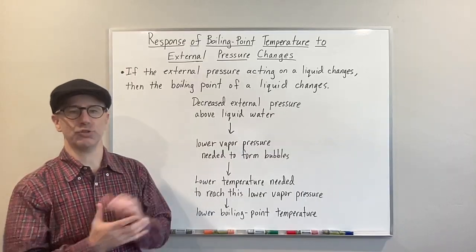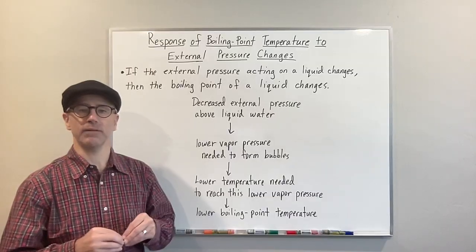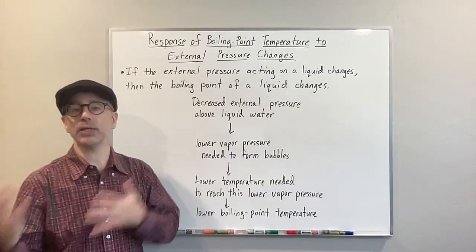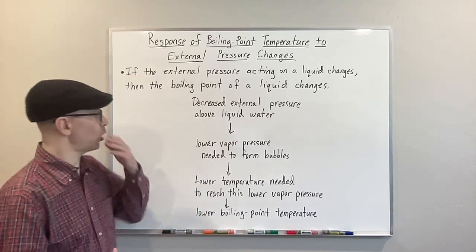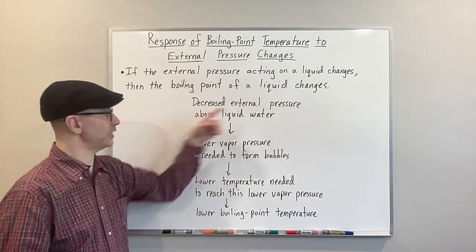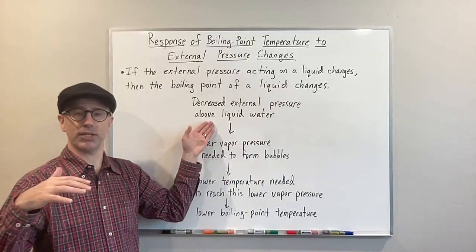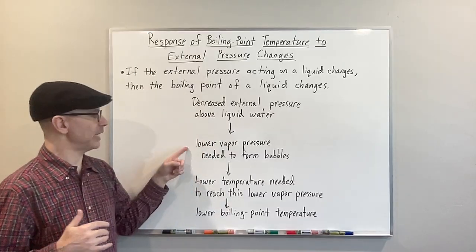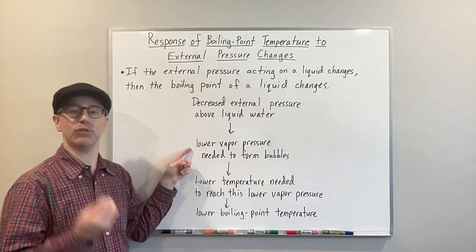Well, what happens if you change the external pressure? If the external pressure acting on the liquid changes, then the boiling point of the liquid is going to change. Why is that? Let's go through the steps. If we decrease the external pressure above the liquid, then a lower vapor pressure in the liquid is needed to form bubbles.